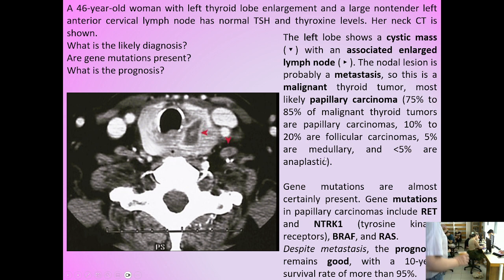Remember that there are 3 carcinomas which retain their differentiation to follicular cells: papillary carcinoma, follicular carcinoma, and poorly differentiated carcinoma, though the latter to a diminished degree. It retains this derivation from follicular cells.